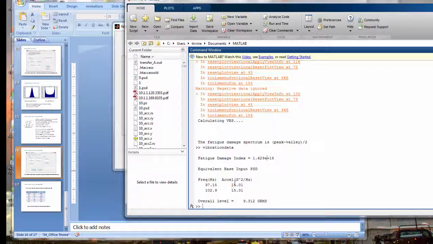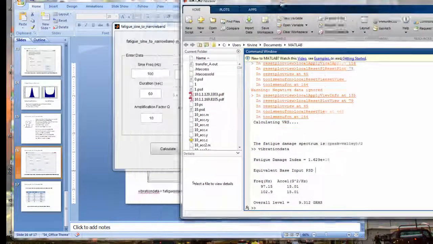And in this case, we will need 15 g² per hertz. So if we have 15 g² per hertz, which is the narrowband level defined between these two frequency limits, that will cause the spring mass oscillator, which we can assume is 100 hertz natural frequency, Q equal to 10, 6.4 fatigue exponent, to have the same damage as would be the case for that pure sine input. Then we also see the overall level there for our narrowband.